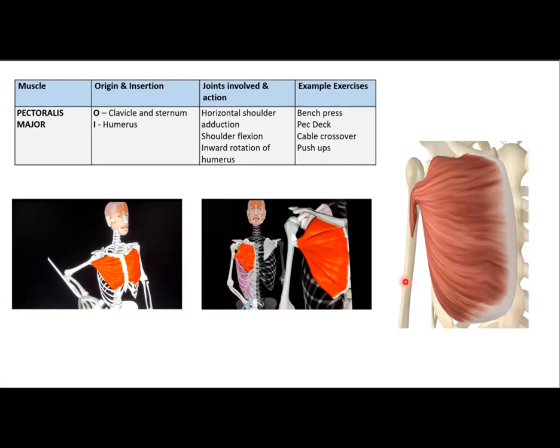Okay. All right. Now let's talk about our pectoralis major, which is the chest muscle, a big muscle. As you can see here, the clavicle and the sternum are where your origin is. Its insertion is your arm, your humerus.